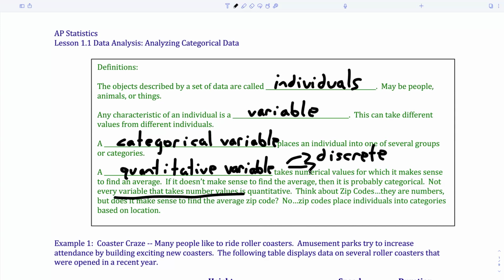We have discrete and... It's a nice guess. Continuous. A continuous quantitative variable can take on any values in its domain. So discrete are counts, number of people in this room, for example. Continuous can take on any value in the domain.